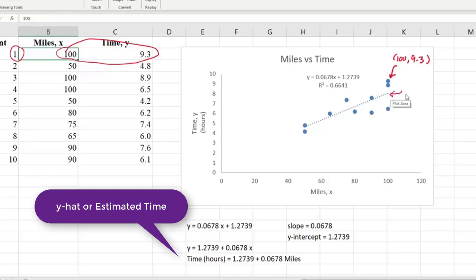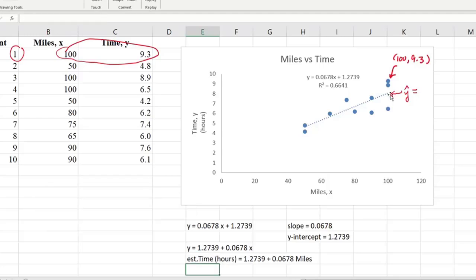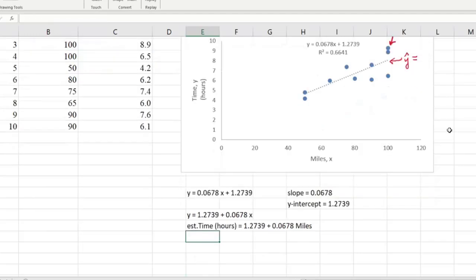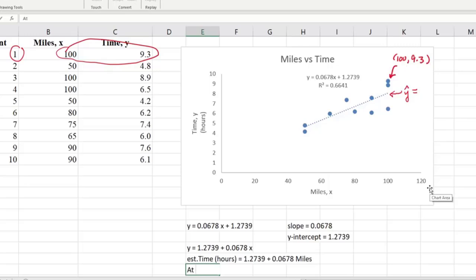Here, that's your y hat, the estimated or predicted value. Estimated time, or we call it y hat. To get this value, I would plug in 100, where miles equal 100. The estimated time is 1.2739 plus 0.0678 times 100.